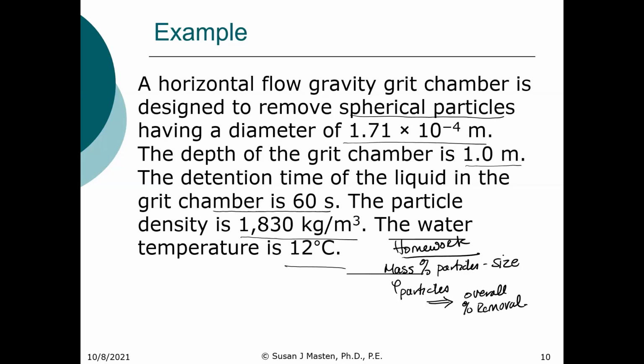We would have calculated the percentage of particles removed of this other size fraction, multiplied that by 0.5, and added those two together. So think about that in the homework problem. There is one sedimentation homework problem that is very much like that.